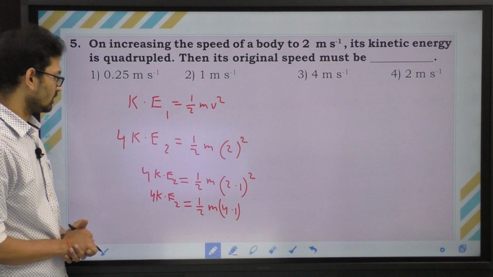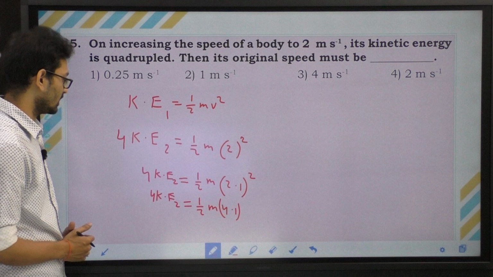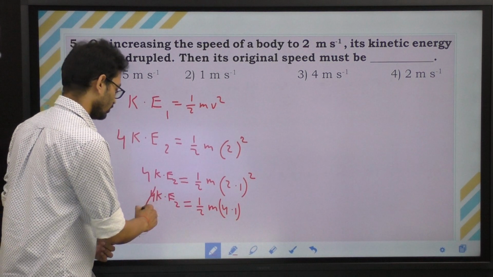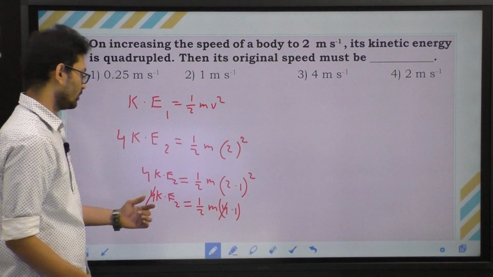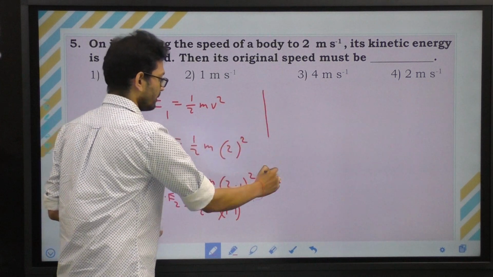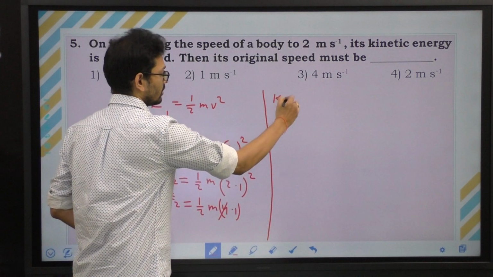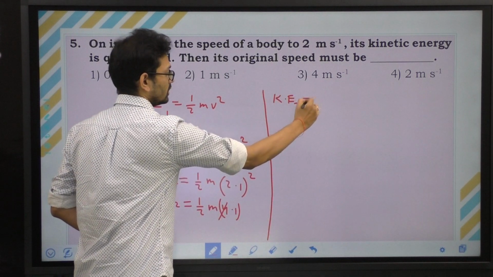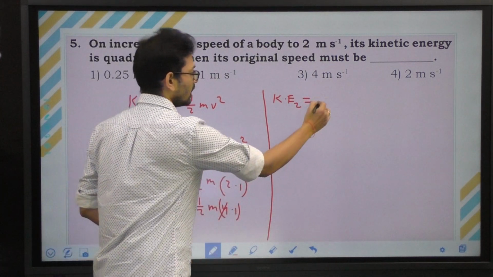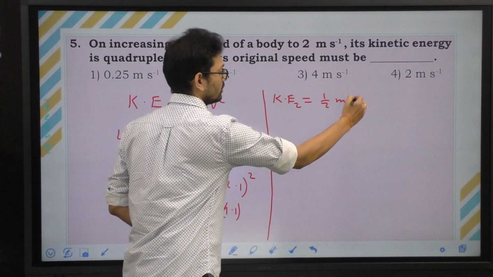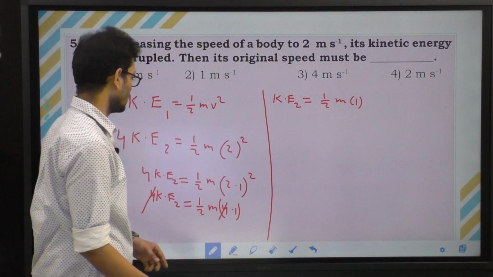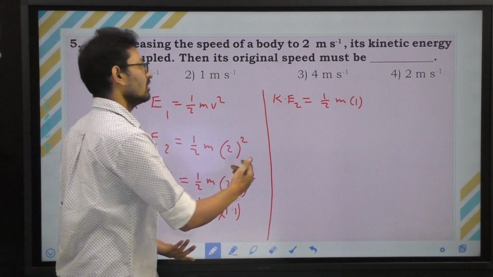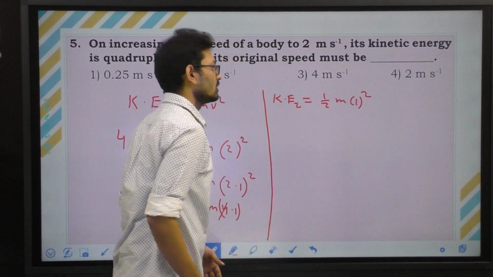From this equation, 4 and 4 you can cancel and you will be left with KE1 equal to half m into v, or you can take it as v square.